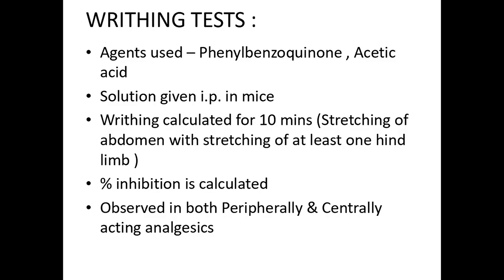Writhing means stretching of the abdomen with stretching of at least one hind limb, then percentage inhibition is calculated. And in this writhing test, the pain is observed in both peripherally and centrally acting analgesics. We can use both peripherally and centrally acting analgesics in these writhing tests.